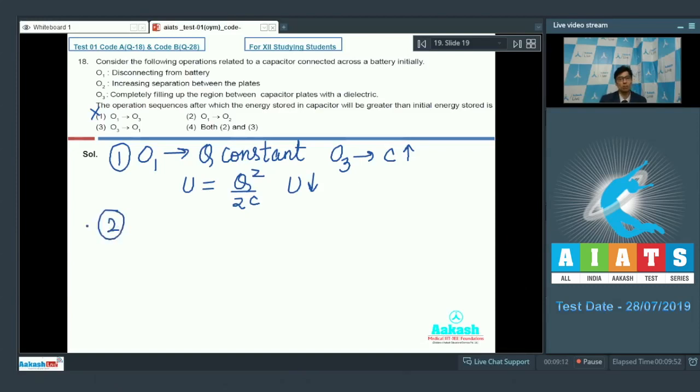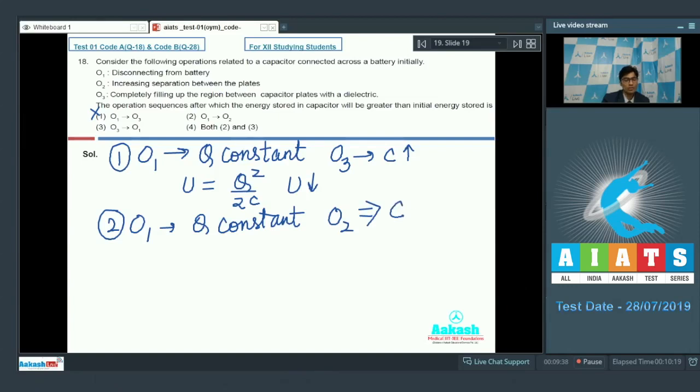Option number 2 mentions O1 as the first operation. O1 is the operation of disconnecting from the battery, which again means that charge would become constant. Now dear students, the next operation is operation number 2, which mentions increasing the separation between the plates.